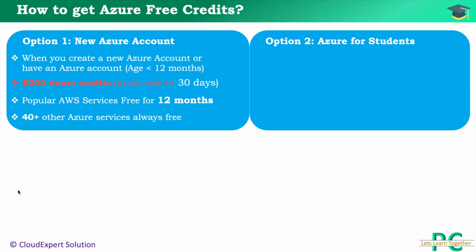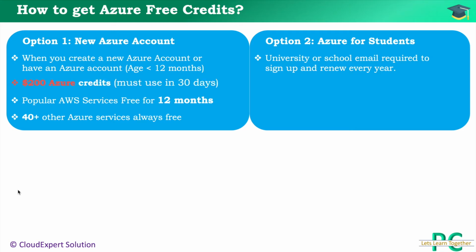Now, option 2, if you are a student and you want to learn cloud technologies or if you want to appear for the certification. First thing, you need an email ID from your university or school, and that email ID is required to sign up for the Azure account.